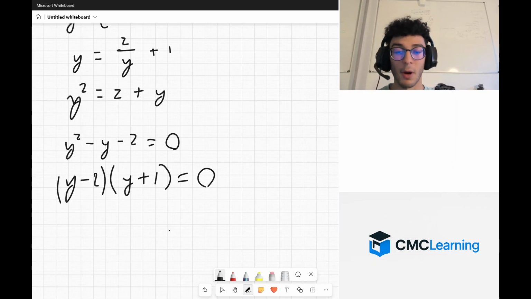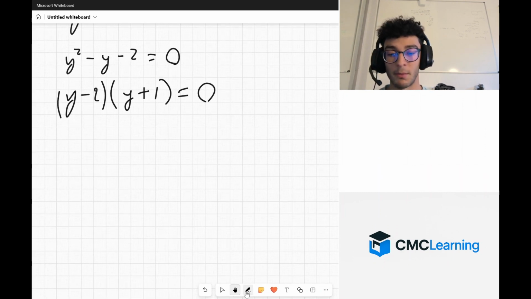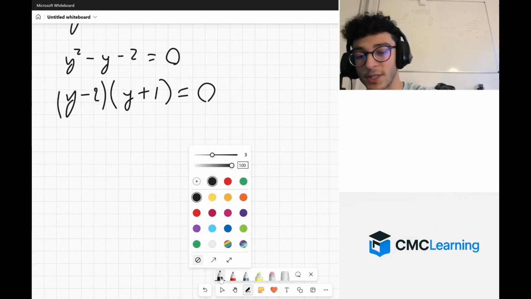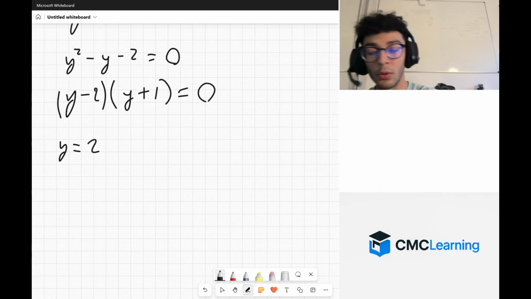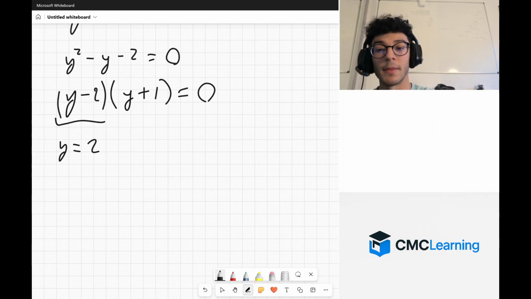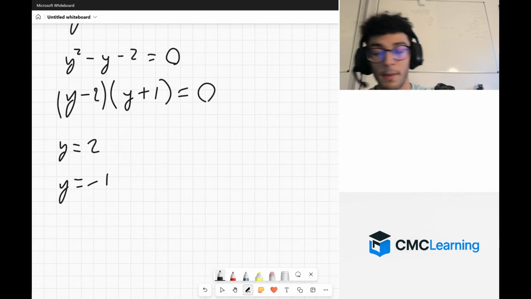So that allows us to write essentially two equations. We can go ahead and write those now. And those two equations are either y is equal to 2. We can see that that's when this bracket here goes to 0. And then just next to that, we also have y is equal to negative 1.